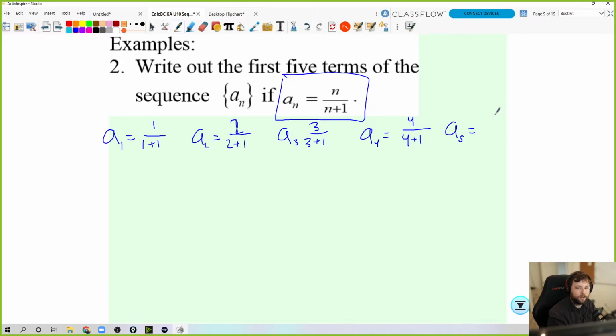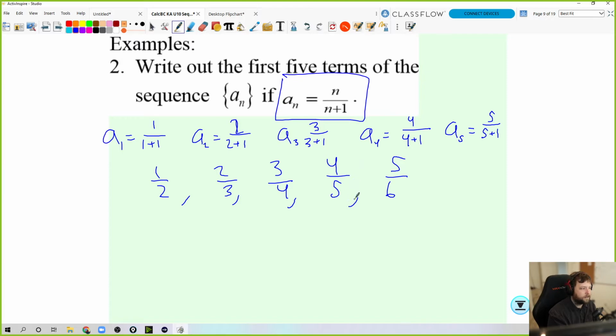And A5 is 5 over 5 plus 1. So my first 5 terms of the sequence would be 1 over 2, 2 over 3, 3 over 4, 4 over 5, and 5 over 6.